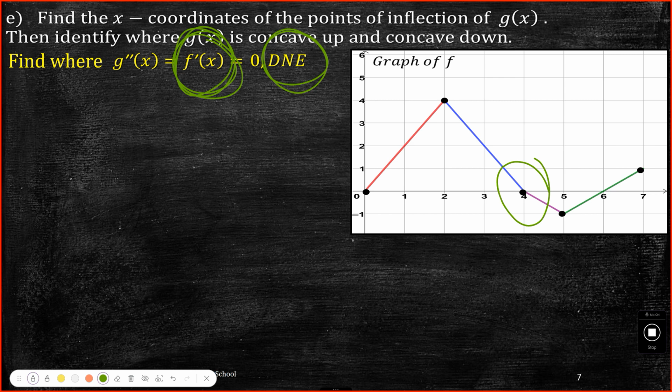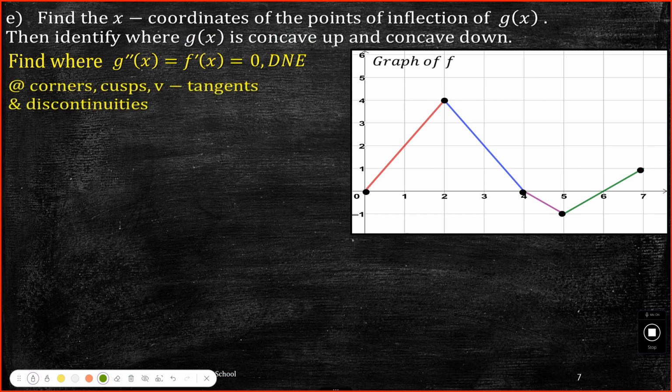But at the end of the day, it has to change signs, and it's not changing signs there. So 2, 4, and 5 are the candidates.